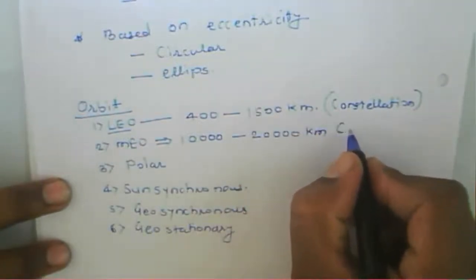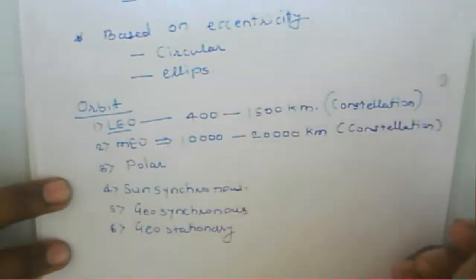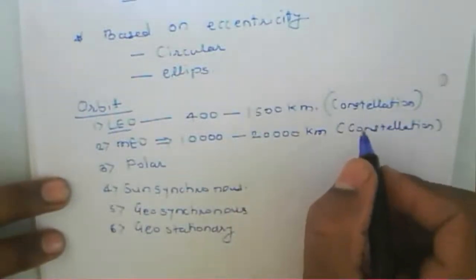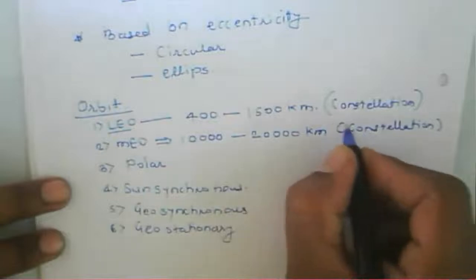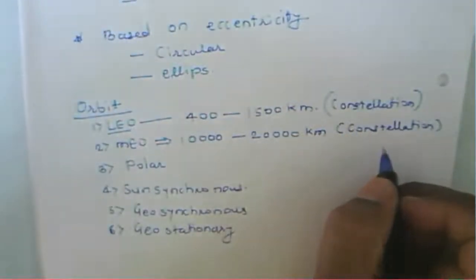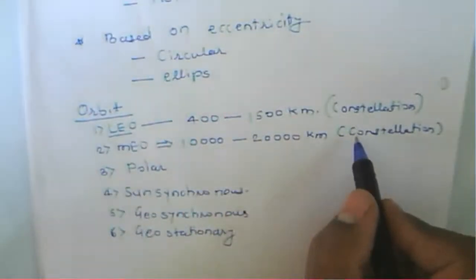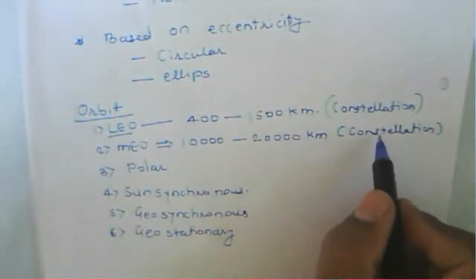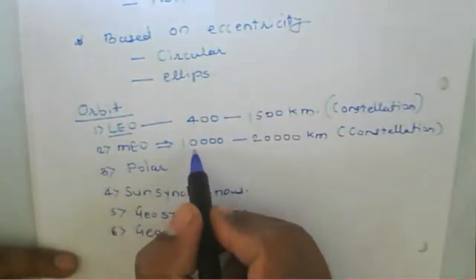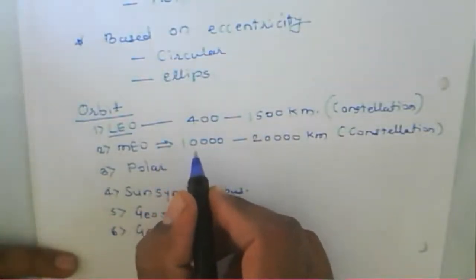But again, to cover the whole Earth, we require a constellation of satellites. But as compared to the LEO orbit, it requires a small number of satellites in a MEO orbit. And again, all these MEO orbits are inclined ones.